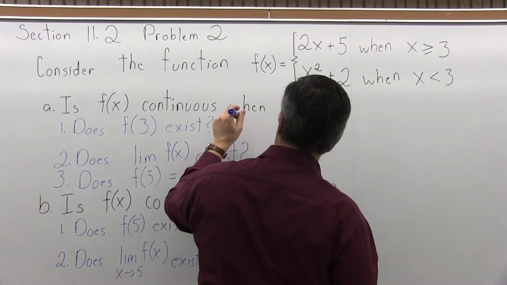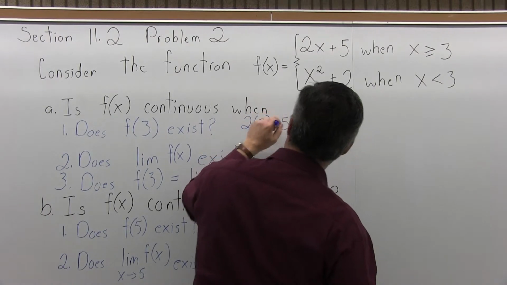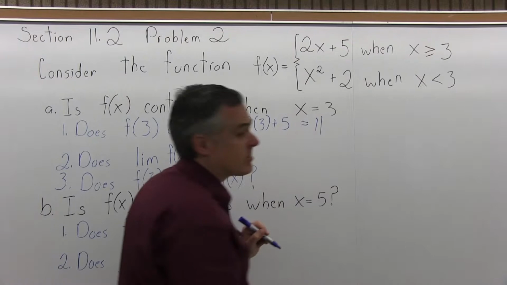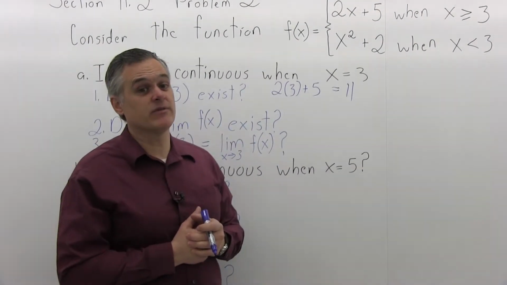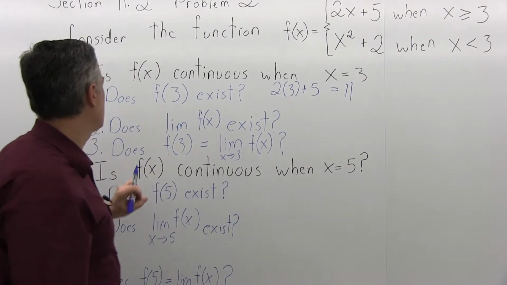So does f of 3 exist? Yes, it's going to be 2 times x, which is 2 times 3 plus 5. 6 plus 5. The output's 11. If I put in a 3, I can find an output of 11. So f of 3 does exist. So I get a yes for question 1.